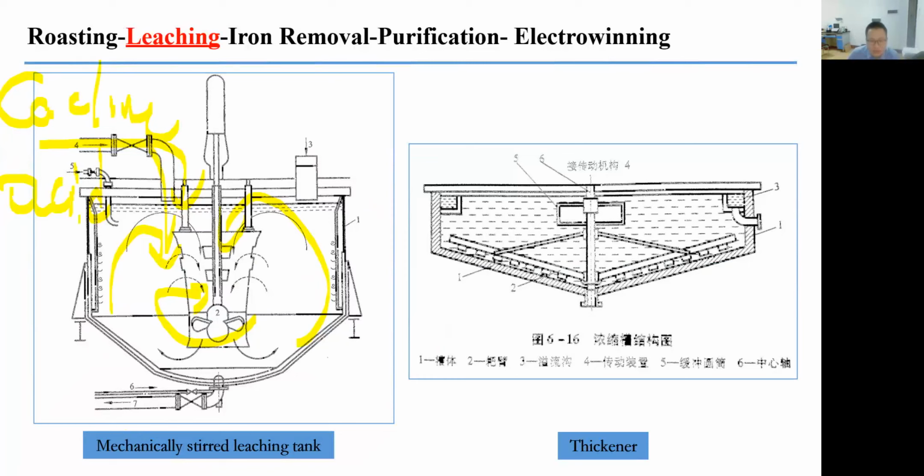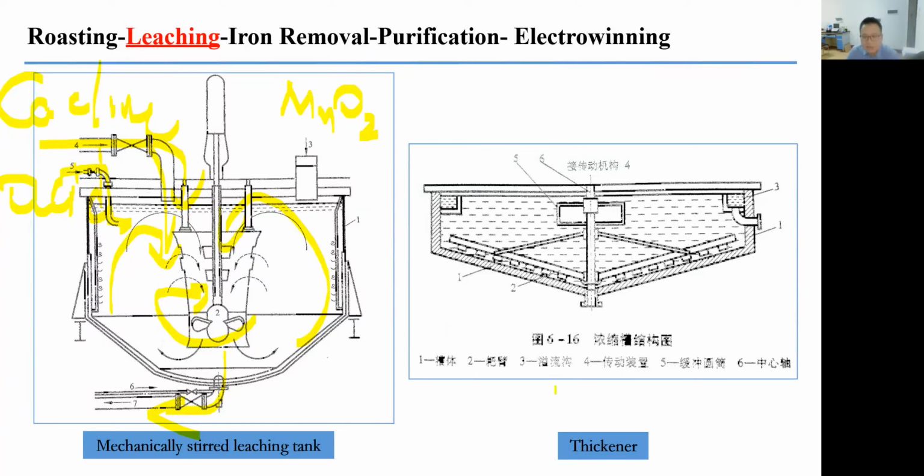We can put in some gases, and we can also put in some additives like MnO2 to try to oxidize the ferrous to ferric. The reacted slurry can then be poured out for separation.